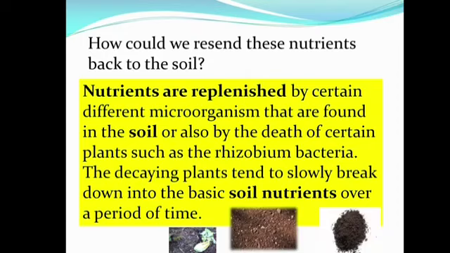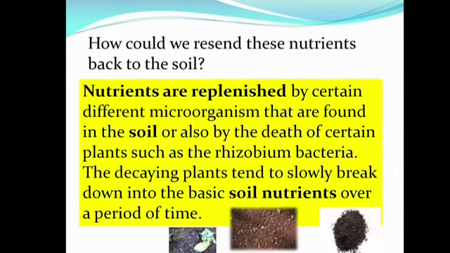So how can we send the nutrients back to the soil? The nutrients are refilled by certain different microorganisms found in the soil, or also by the death of plants, bacteria such as rhizobium, and also the decaying of plants.